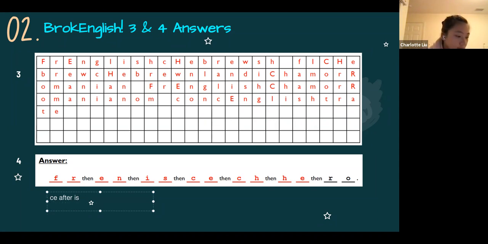And then HE and CH have to be substituted after CE because in Chechen they have CH and HE, so it has to be substituted after.